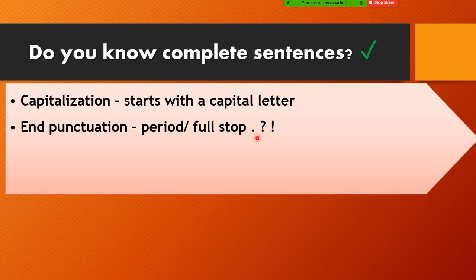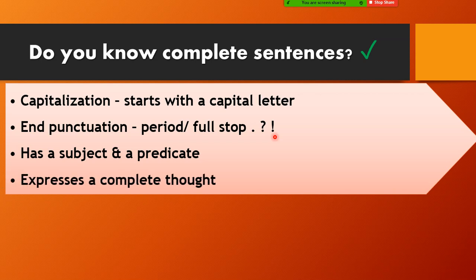We call it a full stop, or a period; a question mark if it's a question; an exclamation mark if it is an exclamatory sentence. And of course, this sentence must have a subject, which is a noun or pronoun, and a predicate, which means a verb and the complement of the predicate, and give me a complete thought. This is the meaning of a complete sentence.